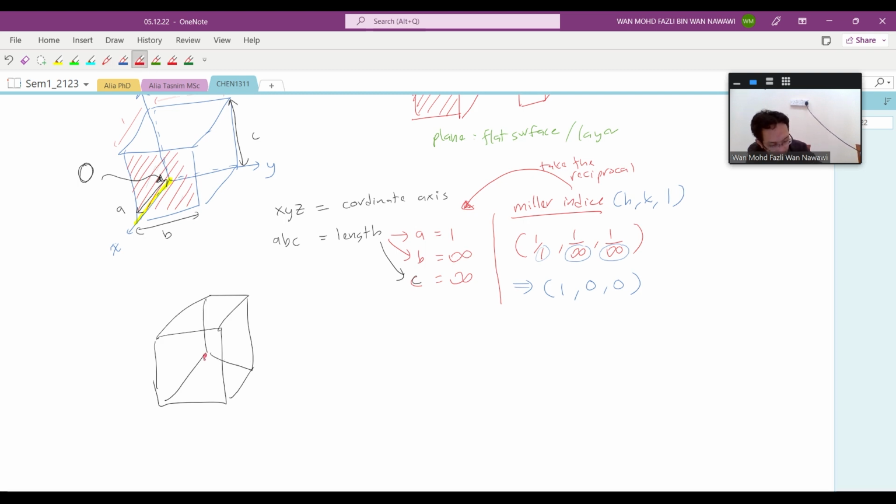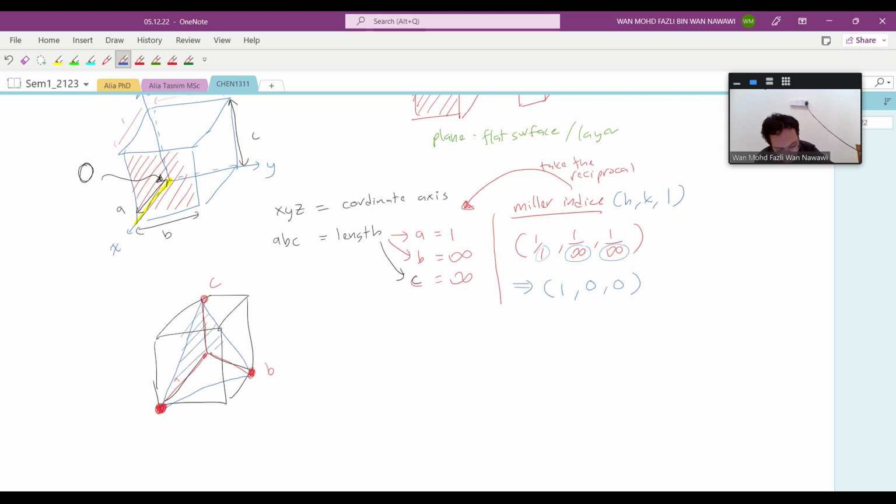So let's say I have this one point, and this is from the X, so this is A. Then I want to make B, so this is B. And then this is C. So you put the point at the end of the unit cell of A, B, C, and you will end up with a plane like this.